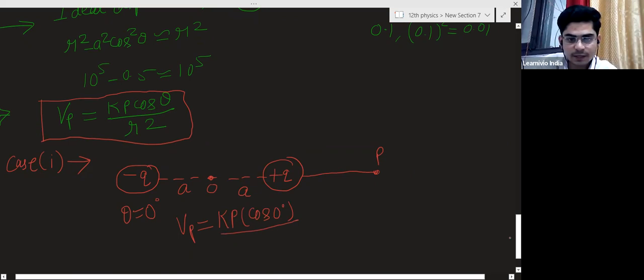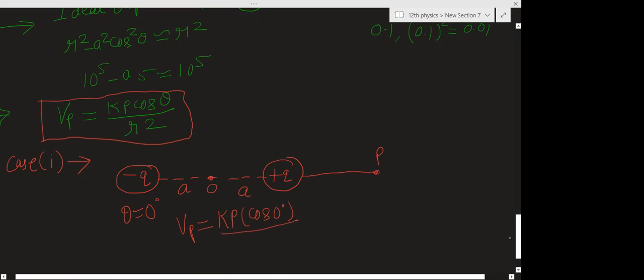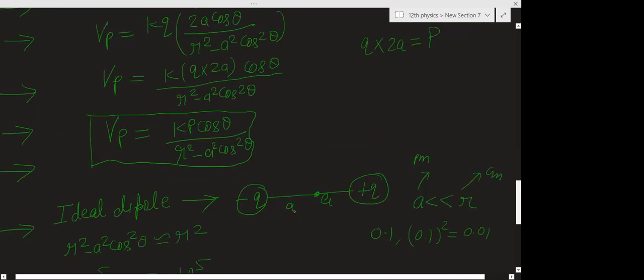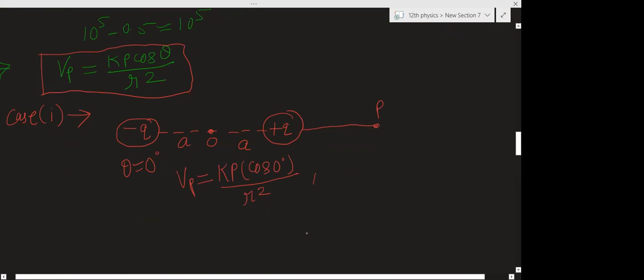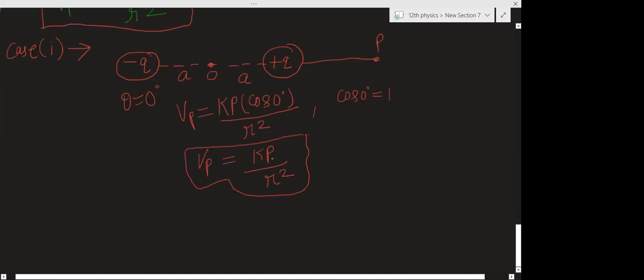Okay, and Hamza, please tell me what is the value of cos 0? Value of cos 0 is 1. So it's Kp divided by r square, that is, 1 by 4 pi epsilon 0, p by r square. Very good.